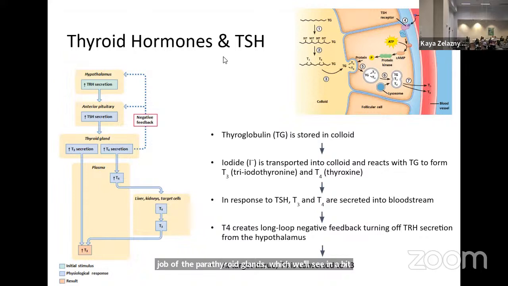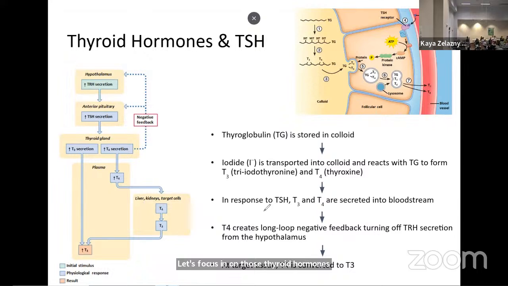Let's focus in on those thyroid hormones. If you look inside the thyroid gland, inside all those little lumps that we see on that glandular tissue, we see that the structure of the thyroid gland involves some blood flow. So we have blood flow going through the thyroid gland. Here's our blood.